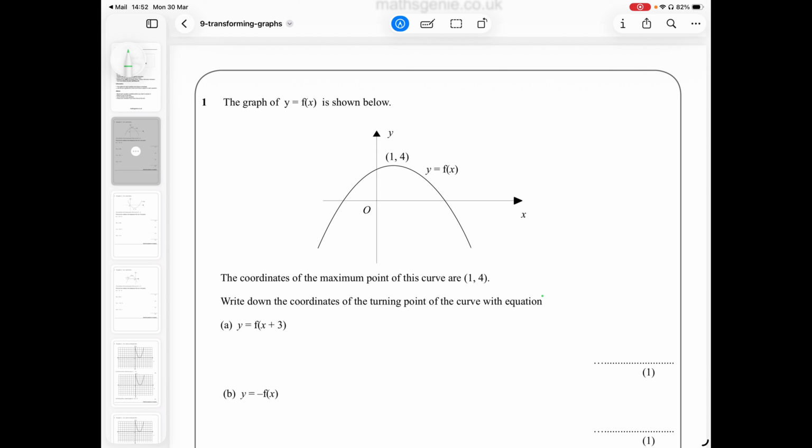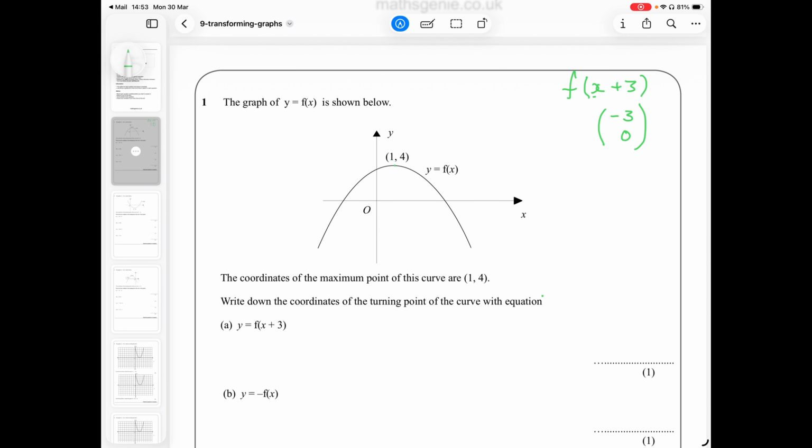Now, this is what you need to remember. In the brackets, you do the opposite of what it says. So if it says x + 3 within the brackets, what it means is you use a translation which is the equivalent of (-3, 0). So it doesn't affect the y, but it does affect the x. So you go the opposite way.